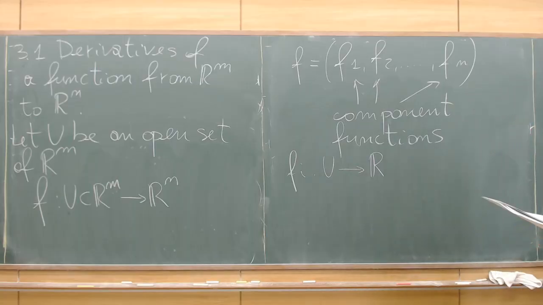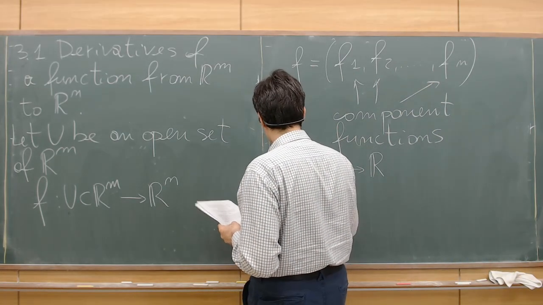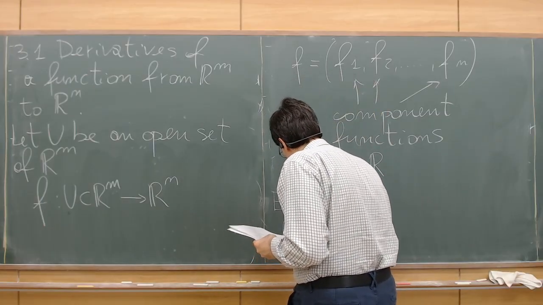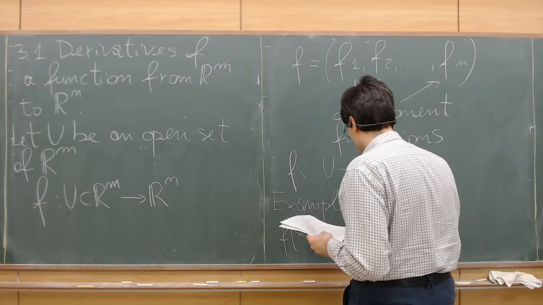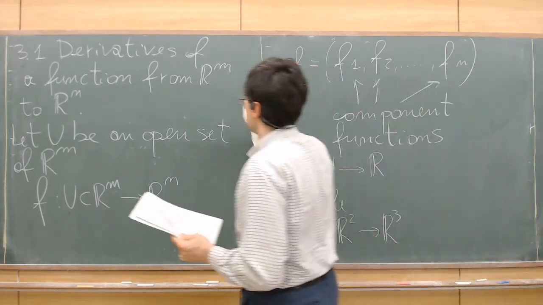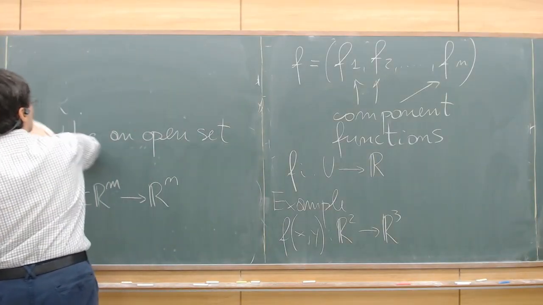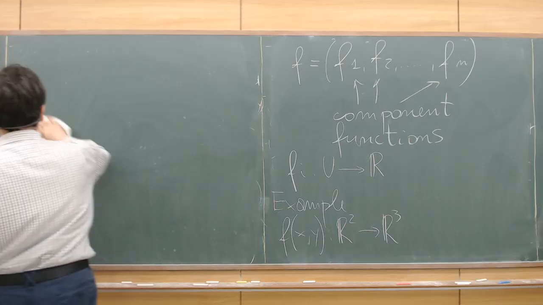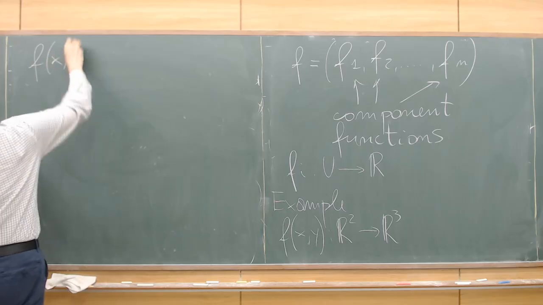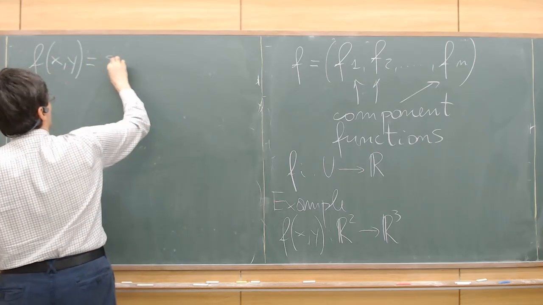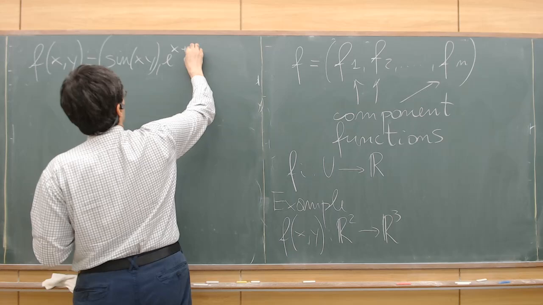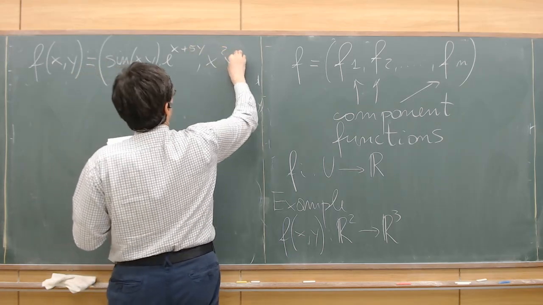So for example, if we take f of xy defined on R2 with values in R3, defined by f of xy equal to sinus of xy, e power x plus 5y, x squared y cube.